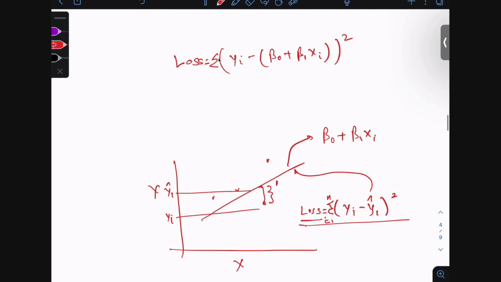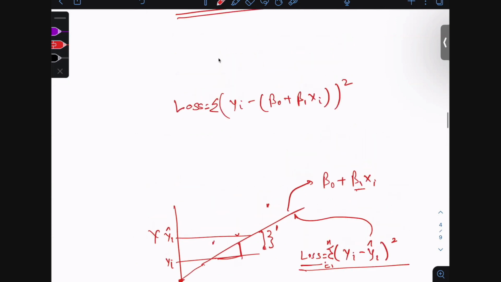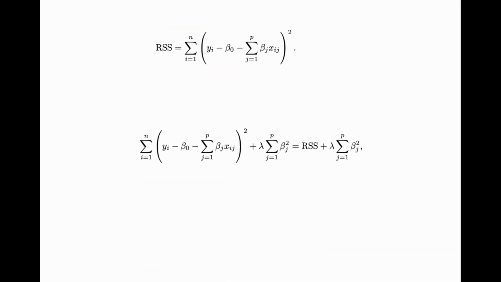Beta naught is the intercept term and beta 1 is the slope of this line. This will be from i equal to 1 to n. After that, if we include a penalty term, then it will be lambda times some function of beta 1, which we have not yet defined. I hope this is clear.